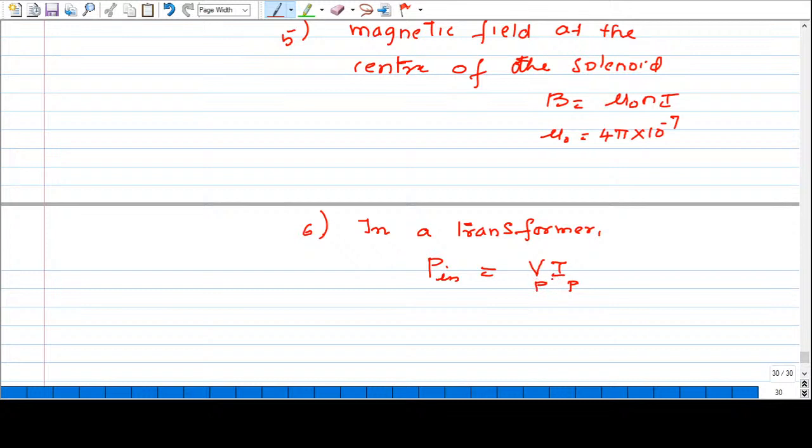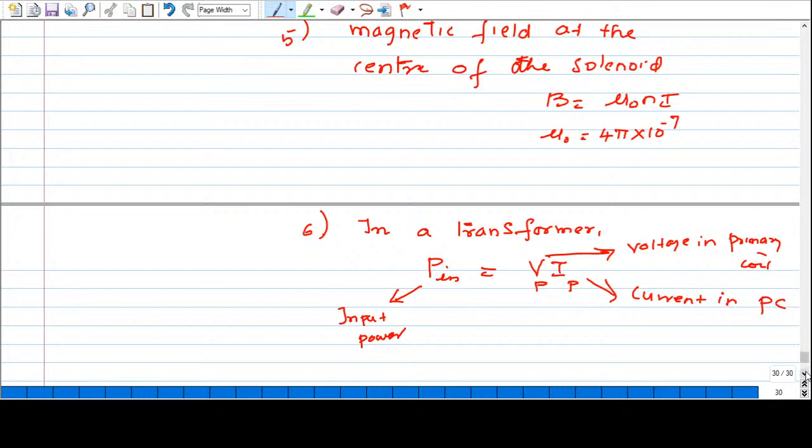Ip is called current in the primary coil. And P in is the input power in the primary coil. So this is called input power.